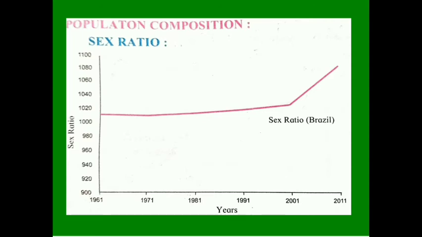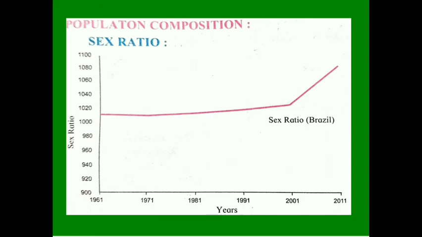That is the year when the population of the entire country is counted. It is done in a time span of 10 years. So population counting is done within a gap of 10 years. On the x-axis we can see that the population counting was carried out in the years 1961, 1971, 1981, 1991, 2001 and 2011.